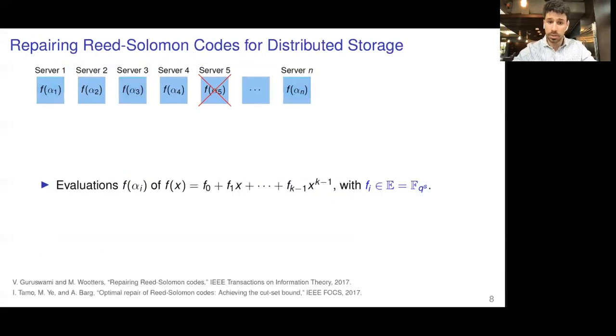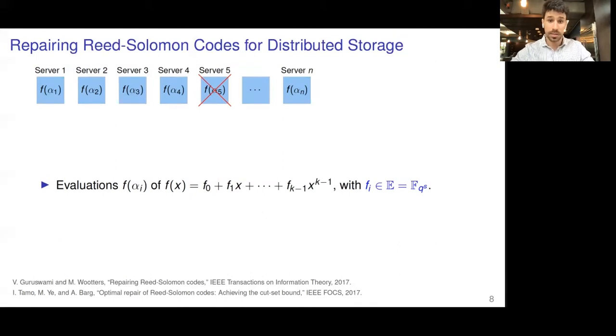There's a new technique used to repair Reed-Solomon codes introduced by Mary Wootters and also explored by Alexander Barg, which achieves the optimal repair bandwidth for one erasure. The setting is the same as before, and evaluations of polynomial F will be distributed among n servers.